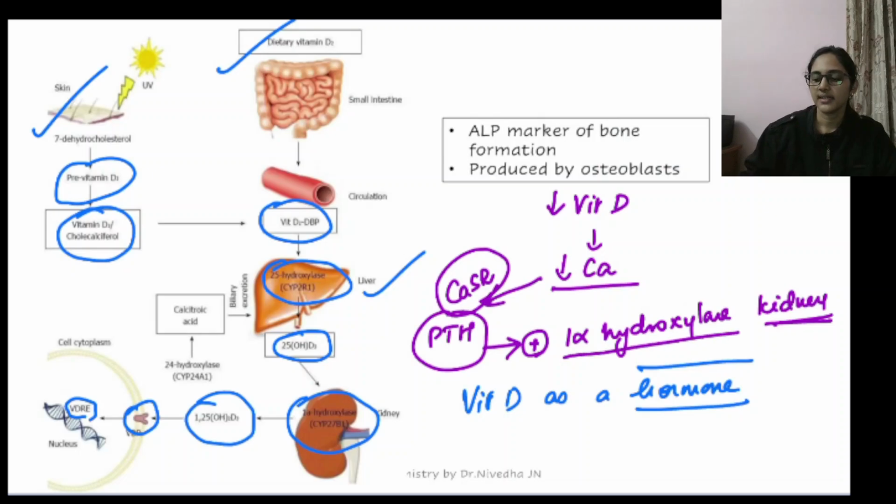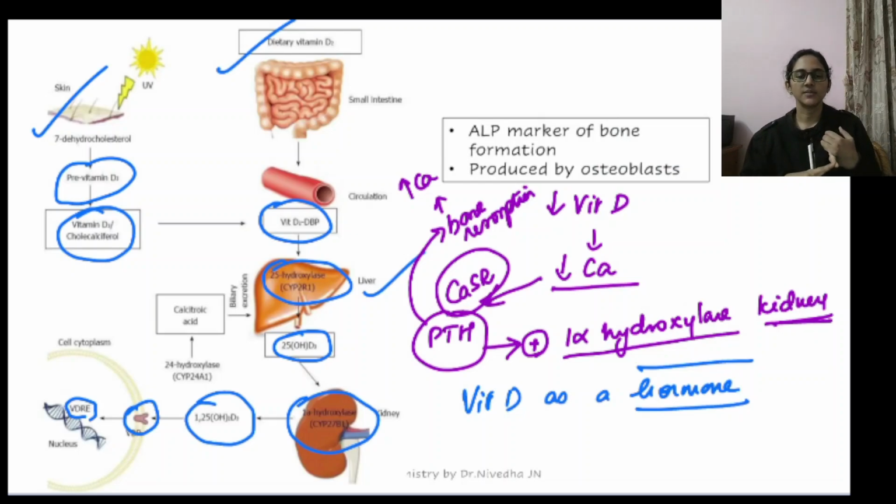And not just that, it can also act on the bone and cause bone resorption, and via causing bone resorption it can elevate the calcium levels. So that is one more function of parathyroid hormone, right? So what does parathyroid hormone do? Whenever there is reduced calcium, it is being sensed by the calcium sensing receptor of the parathyroid gland, and more parathormone is being produced. And the function of parathormone is to induce 1-alpha hydroxylase in the kidney, and also to cause bone resorption, and it increases the calcium level.